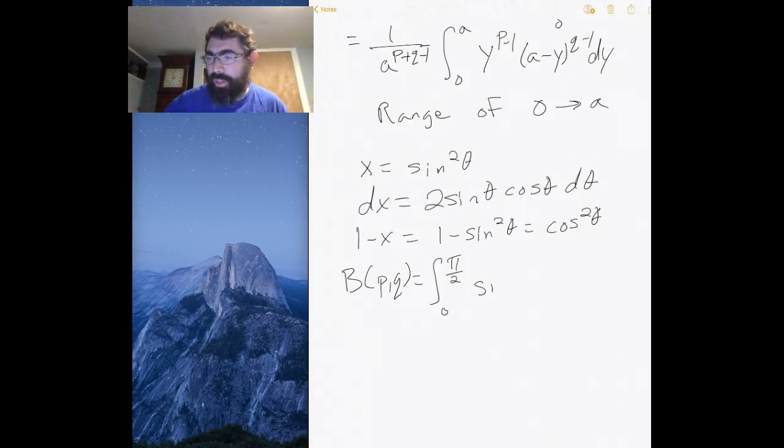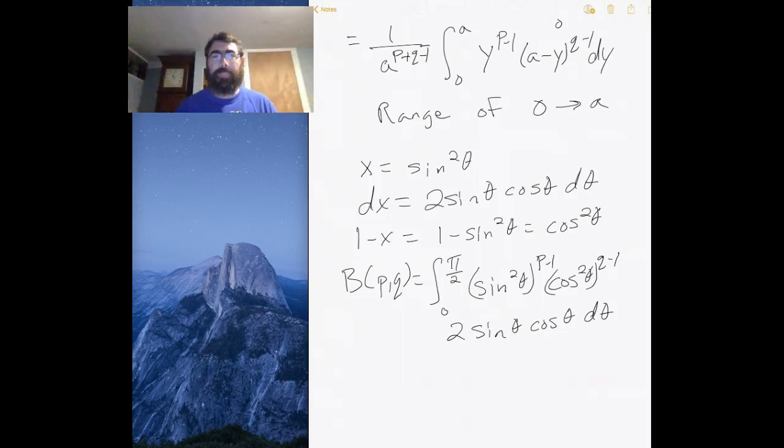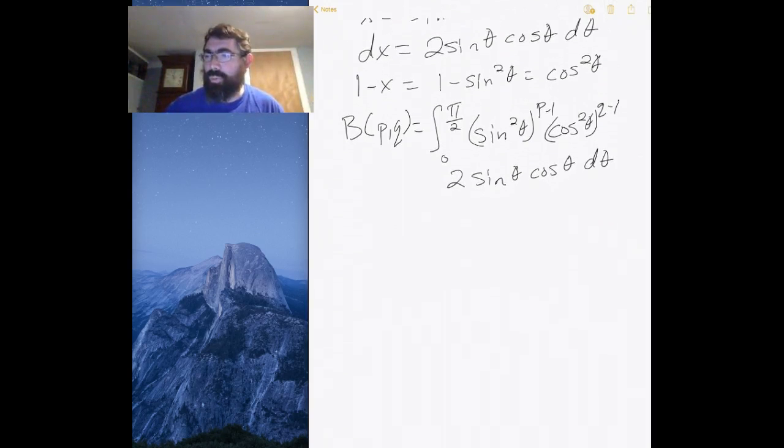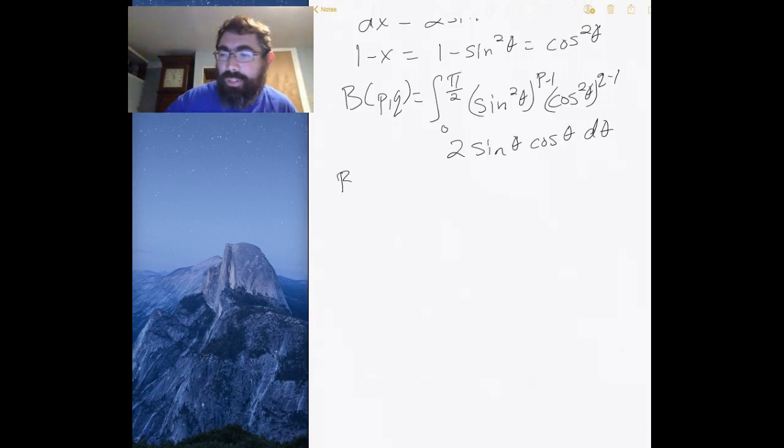So this would be sine squared theta to the p minus 1, cosine squared theta to the q minus 1, 2 sine theta cosine theta d theta. So okay, let's try and work this out a little bit more.